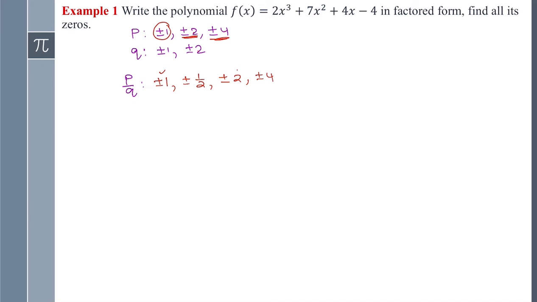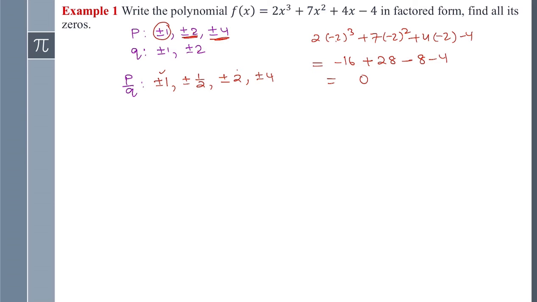Then we'll try with negative 2 now. 2 times negative 2 cubed plus 7 times negative 2 squared plus 4 times negative 2 minus 4. Negative 2 cubed is negative 8 times 2 is negative 16. This is 28. Then we have negative 8 and then minus 4. So that means 28, and this is also 28, so it's 0. That means negative 2 is a zero of that polynomial.